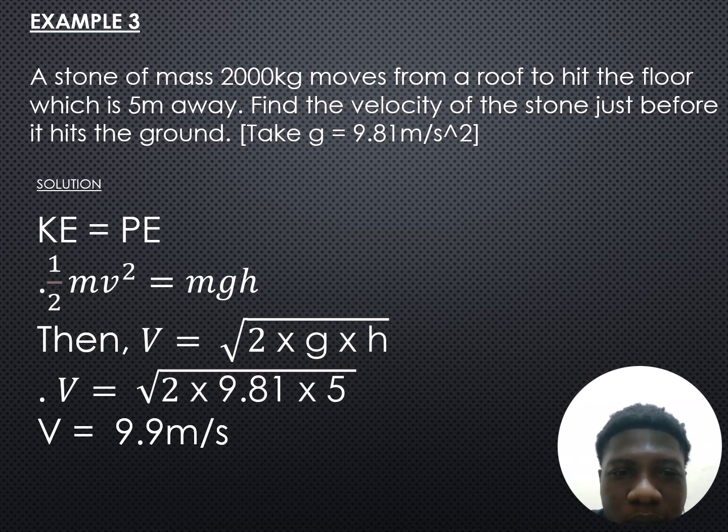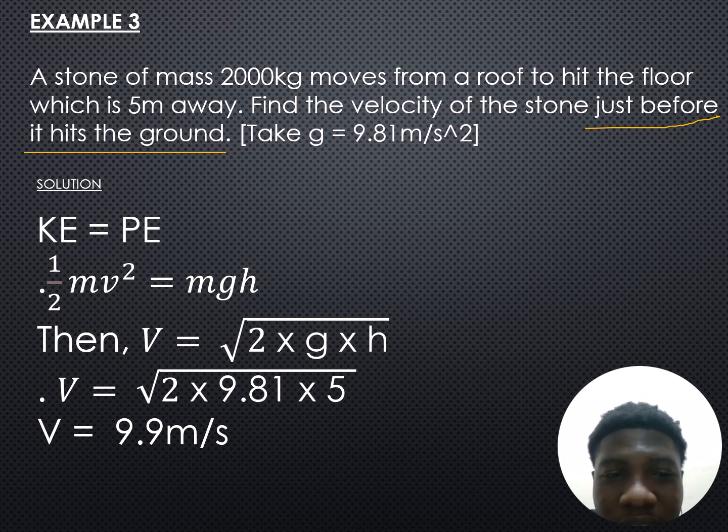Okay, so you see the question stated something over here. It says just before it hits the ground. So just before it hits the ground, that means our kinetic energy is equal to our potential energy.